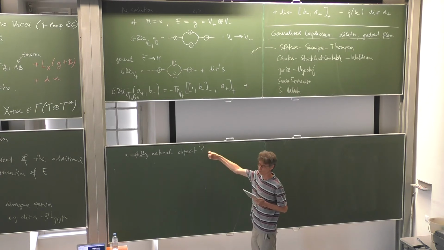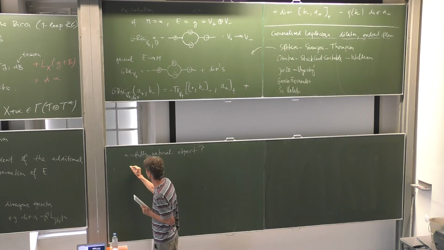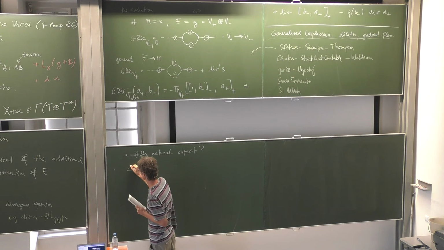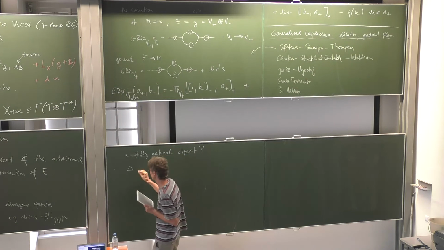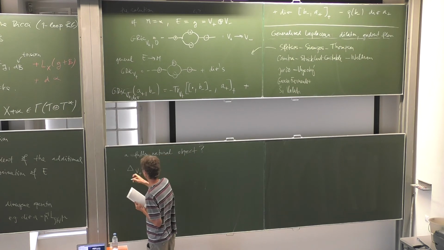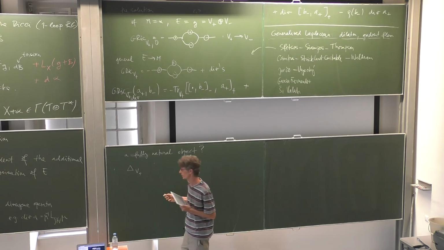So one fully natural object that exists here is a second order, formally self-adjoint differential operator, something very easy, which acts on half densities on M. If it wants to be formally self-adjoint, it needs to act on something where there is a natural pairing, and half densities is the simplest thing where there are natural pairings.